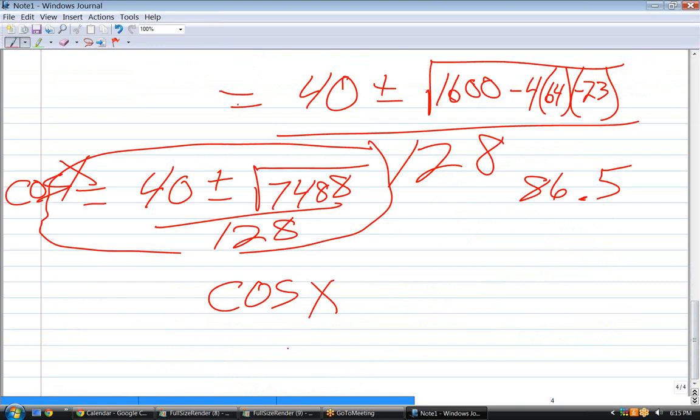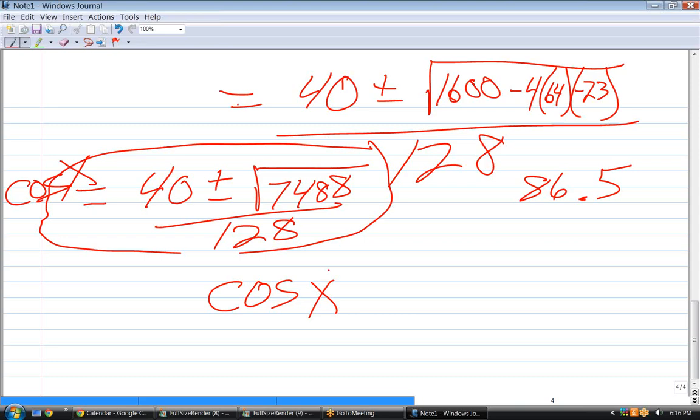What were the instructions? Round this off to 2 decimal places? Yes. What's the second decimal place of the square root of 7488? You see what I normally do so that way I could keep the most accurate result? Okay, good.